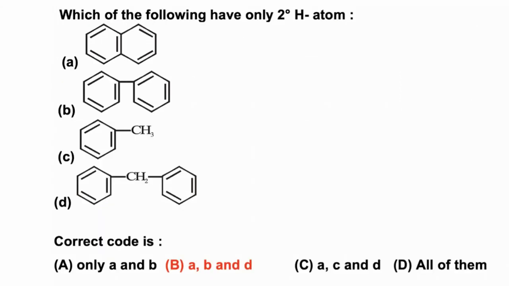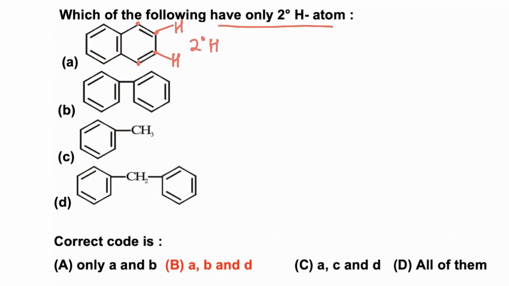Which of the following have only 2 degree hydrogen atoms? In this question we have to find which of the following molecules have only 2 degree hydrogen atoms. If we take the first molecule, these carbon atoms are 2 degree carbon atoms. Now the hydrogen attached to these carbon atoms is 2 degree hydrogen.